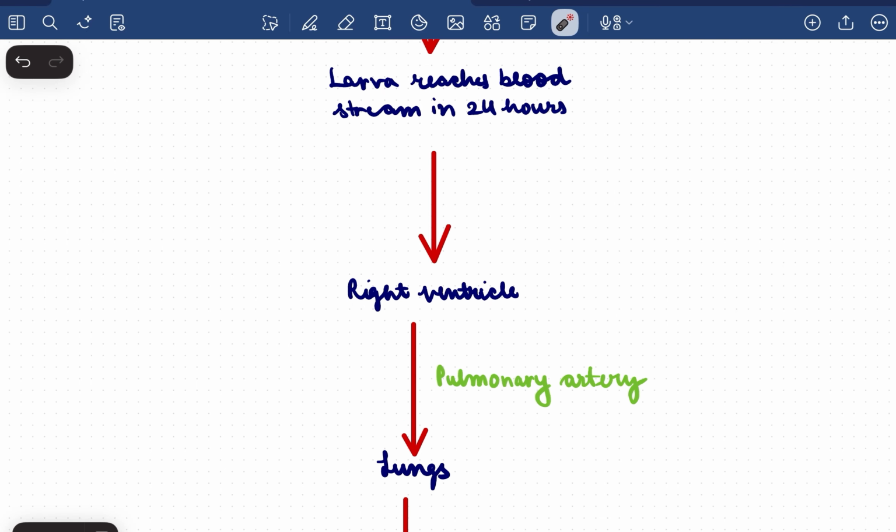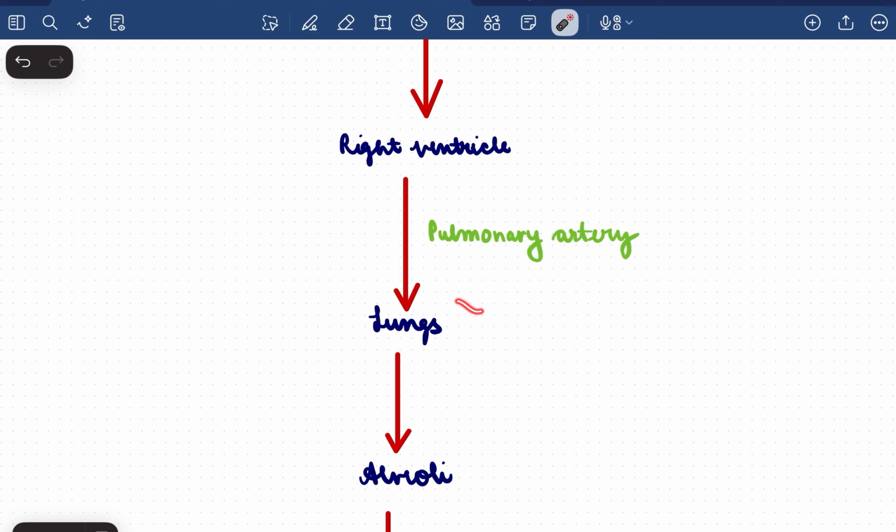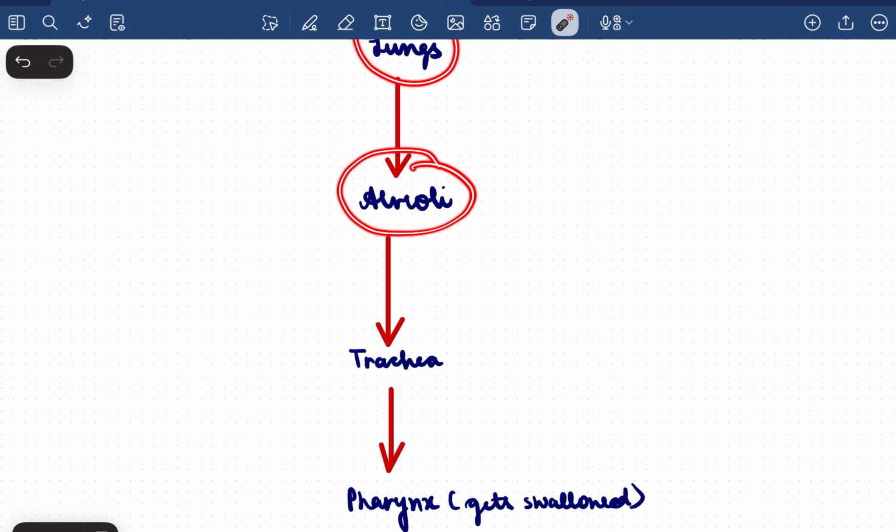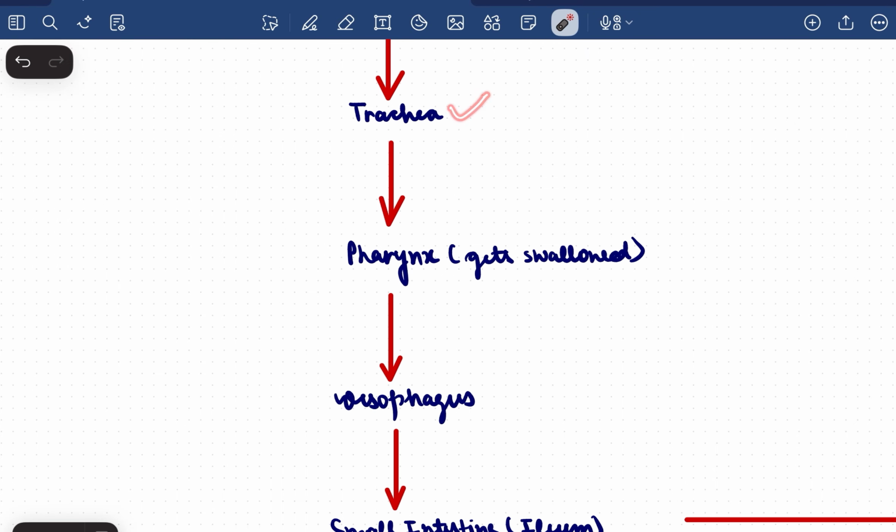From there, it reaches the right ventricle, from the right atrium to the right ventricle. From the right ventricle, it goes into the lungs through the pulmonary artery with the blood that has to be oxygenated by the lungs. Then through the lungs, it reaches the alveoli, trachea, and pharynx.